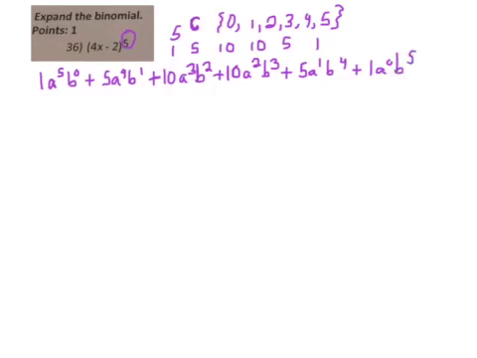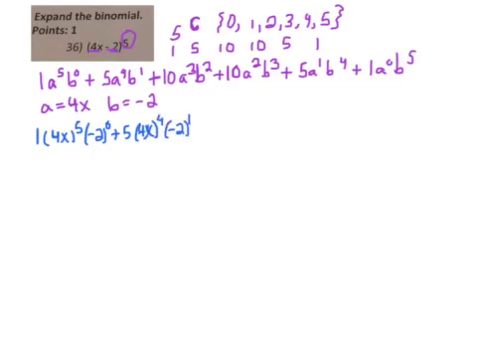And so then on this, we don't have an a and a b here. We have a 4x and a negative 2. So for this particular problem, our a is 4x, our b is negative 2. We need to plug those in. So this is really 1 times 4x to the 5th times negative 2 to the 0, and then 5 times 4x to the 4th times negative 2 to the 1st power, and so on.